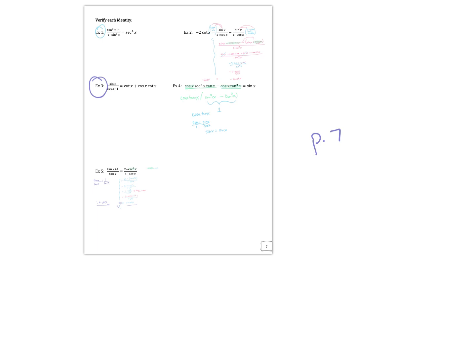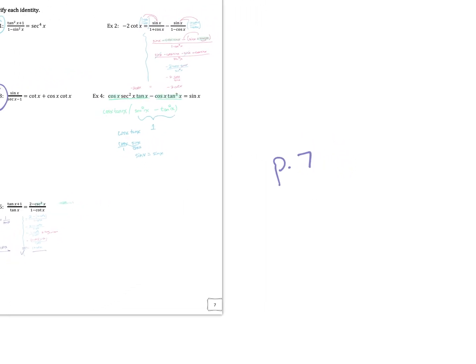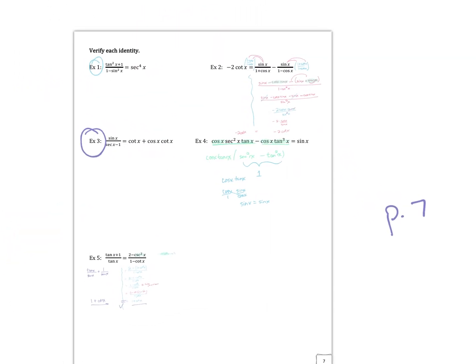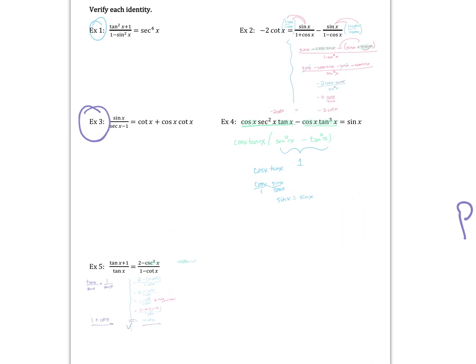No, hold on, just a second. Okay, page 7, I want you to try number 1 and number 3. I will tell you that number 3 is really tricky. I'm going to give you a hint to get started. You're going to want to multiply by the conjugate.